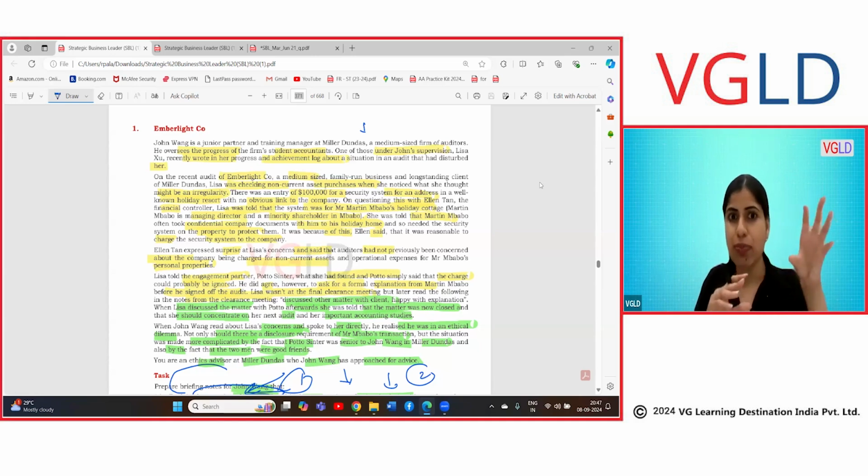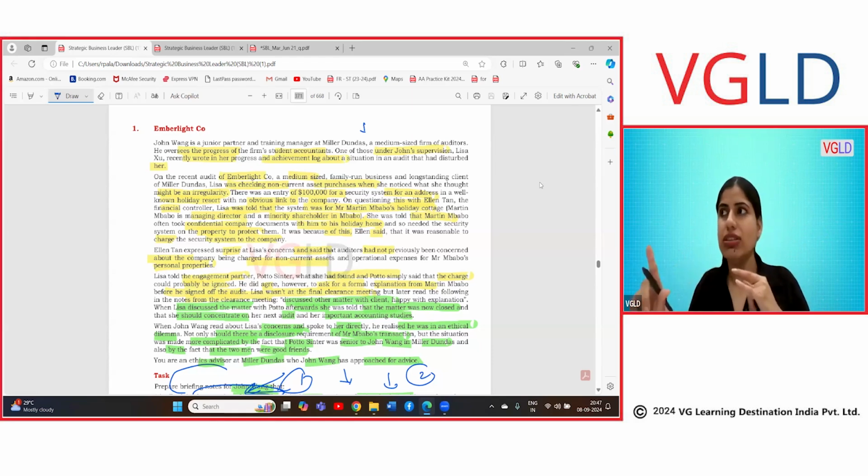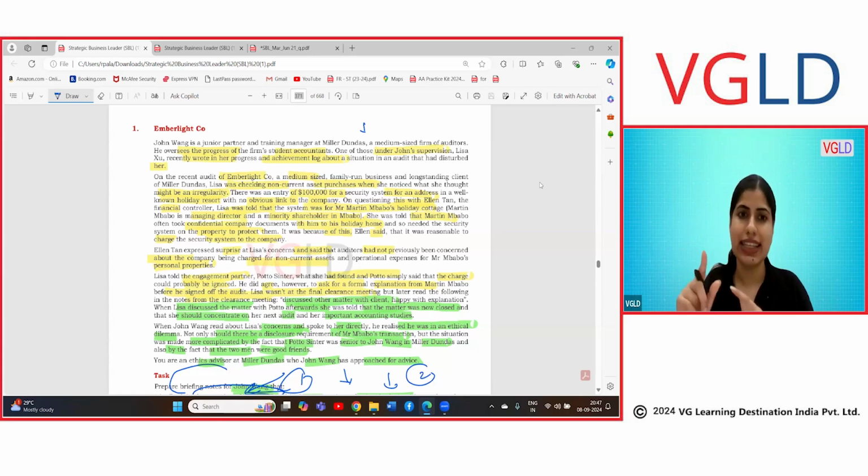Again, you have to pick each and every single point. Then and only then your answer will have a good length. First thing, he hasn't checked that. Next thing, he was having the relationship with that person. After addressing the issue, when Lisa told him there is some issue, he tried to postpone and close that conversation.